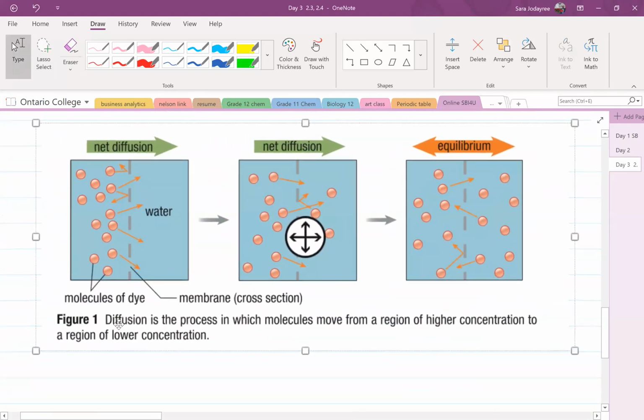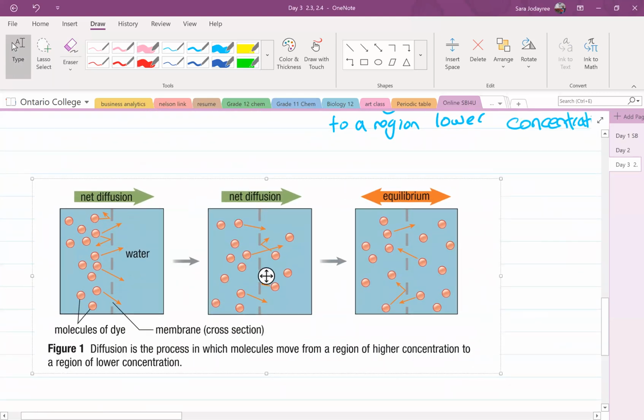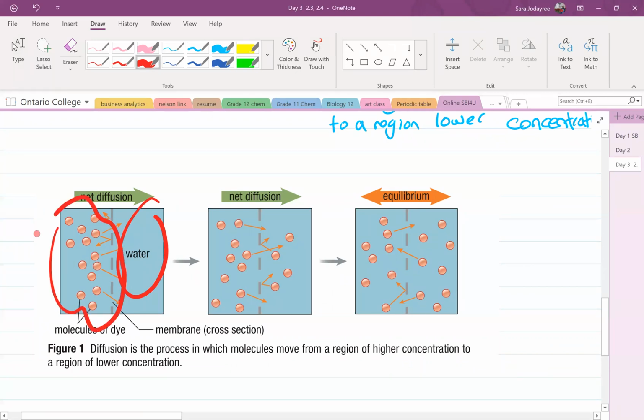So if you look here, this is figure 1 from your book. As diffusion proceeds, there's a net movement in one direction until the concentration on both sides of the membrane becomes equal. So let's look at this picture here. This is water, and I have molecules here.